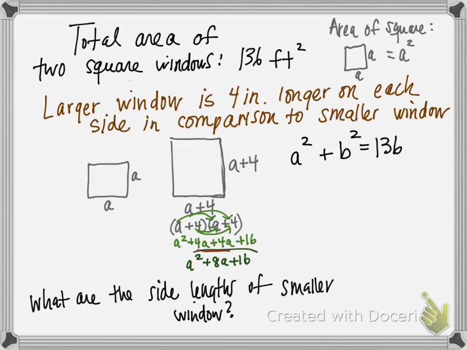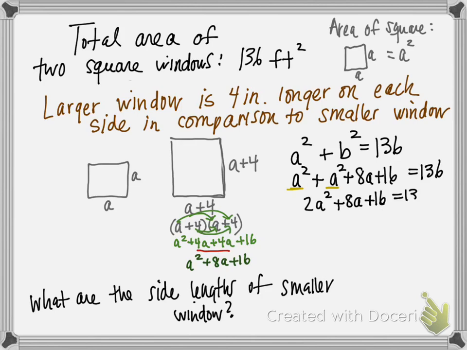So I'm going to plug this in right here for B squared. All right, so this is A squared plus, and then I already expanded B squared, which is A squared plus 8A plus 16, and that's equal to 136. So I'm going to combine like terms. A squared plus A squared, that's a total of 2A squared, plus 8A plus 16 is equal to 136.